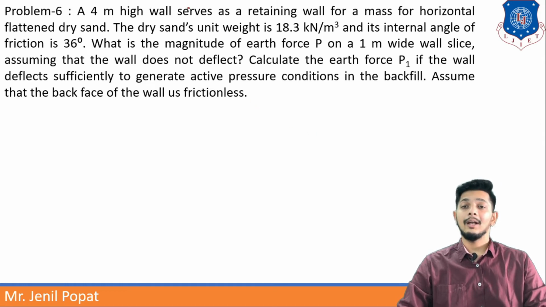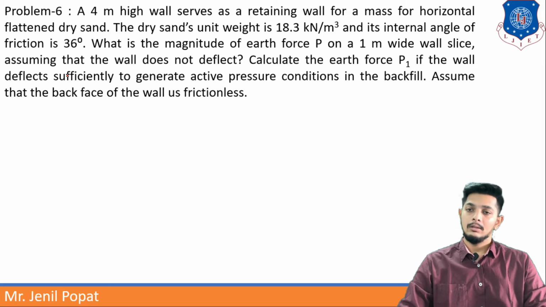Here a 4-meter high wall is given for a mass of flattened dry sand. So dry sand, that is cohesionless soil only, right? The dry sand's unit weight is given as 18.3 kilonewton per meter cube and internal angle of friction phi is given as 36 degrees. What is the magnitude of earth force P on a 1 meter wide wall slice, assuming that the wall does not deflect?